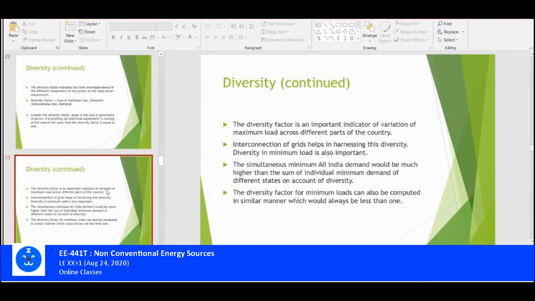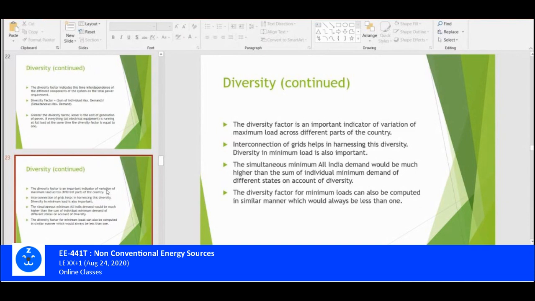The diversity factor is an important indicator of variation of maximum load across different parts of the country. Interconnection of grids helps in harnessing this diversity. Now, in very early times, when we got independence and the process of industrialization and modernization began in our country, engineers and power planners realized that we should have different regional grids.